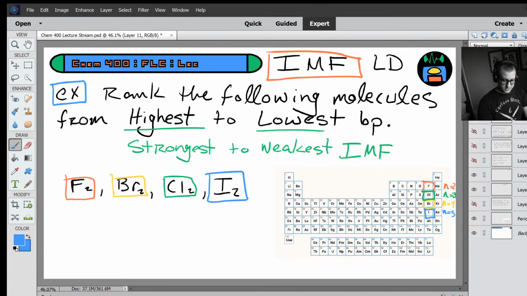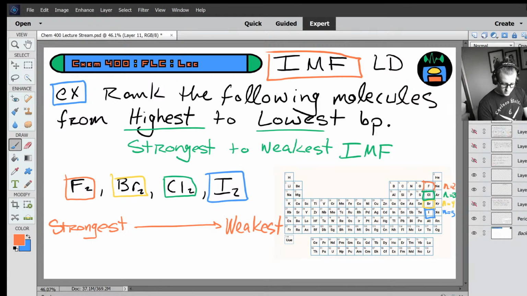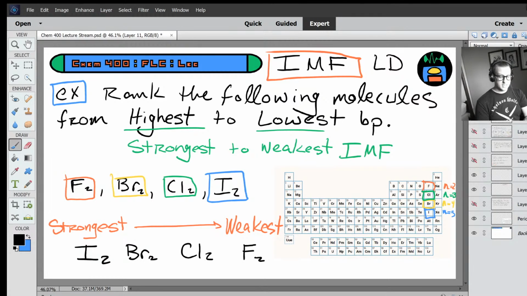So if we're going to rank these from the strongest to weakest, we're going to put iodine in the strongest category because it has the largest orbitals. Fluorine is the weakest because it has the smallest orbitals. Again, we only have London dispersion going on here. Bromine is second strongest, and chlorine from this mix is second weakest.